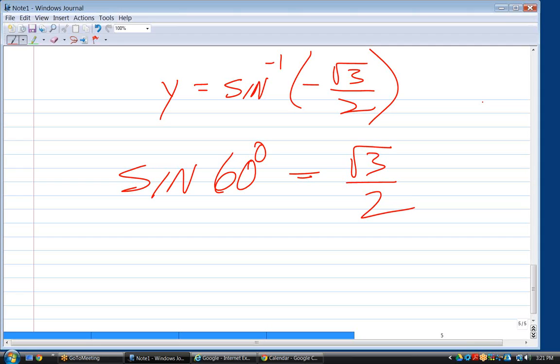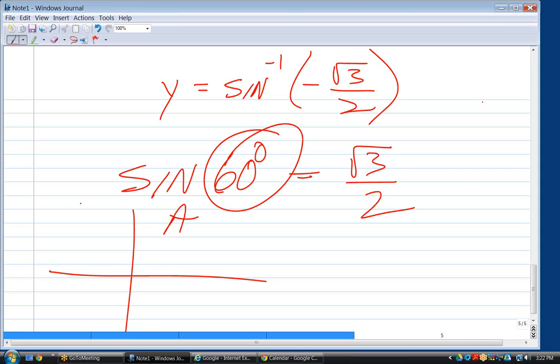Okay, but this is negative root 3 over 2. So we need to find the quadrant where sine is going to be negative and it's the equivalent angle of 60 degrees. Which quadrant is the sine negative? Sine is negative in both the third and fourth quadrant. Correct.